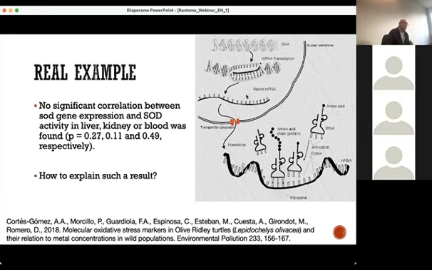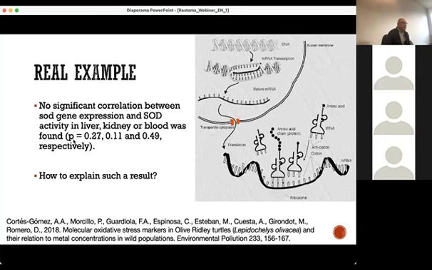Normally, for those who have done biology, you remember you have DNA, transcription, the mRNA goes out of the cell, then it is translated into protein. The protein is SOD, and the gene expression is the mRNA of SOD. And there was no relationship between the quantity of mRNA and the activity of the protein.